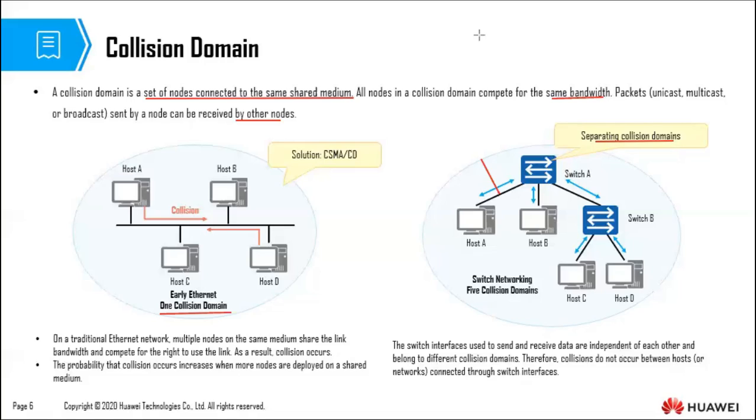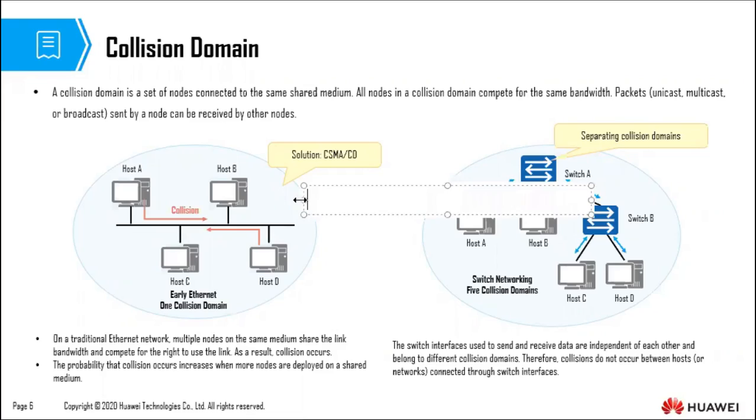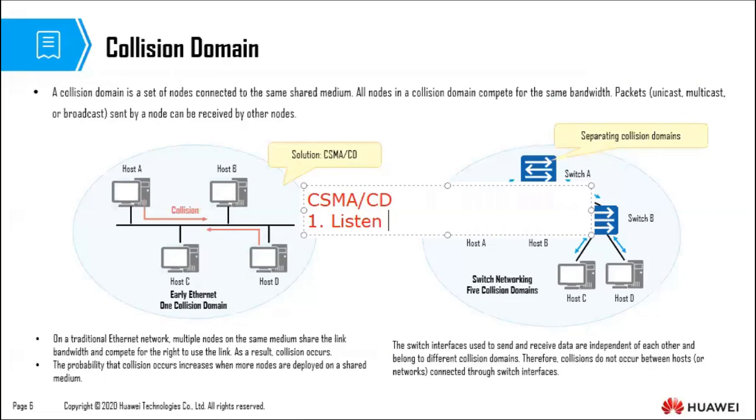On the earlier Ethernet networks, they used a technology in order to reduce collision called CSMA/CD, or carrier sense multiple access with collision detection. In summary, CSMA/CD works like this. Number one, listen before sending.